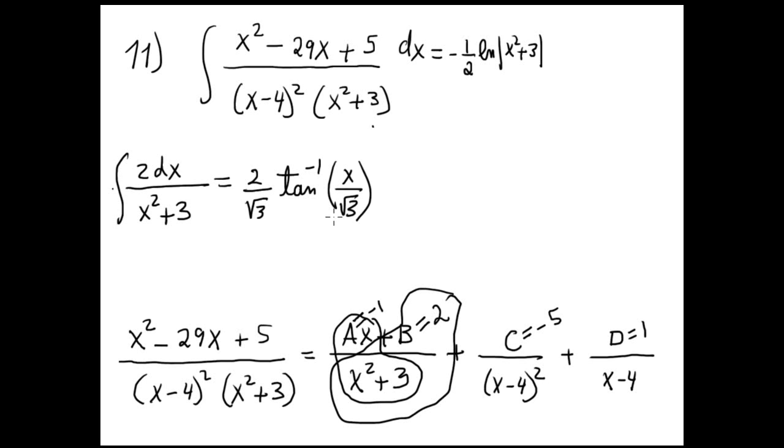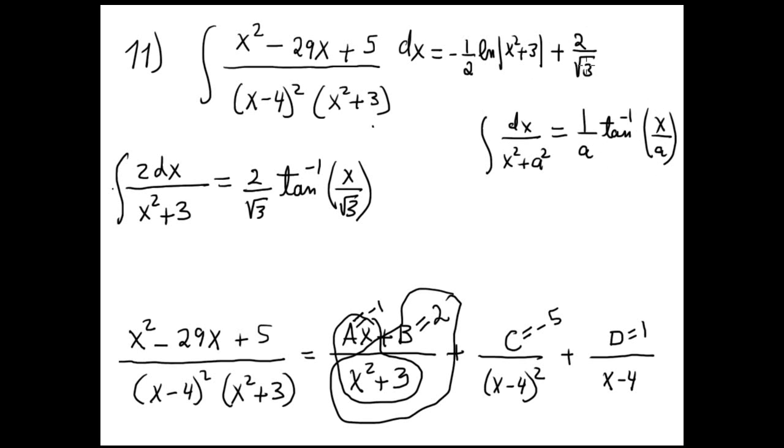Of course, I'm using one formula. Well, you can do it using trigonometric substitution. Suppose you memorize this formula: integral dx over x squared plus a squared equals 1 over a tangent inverse of x over a. Can you memorize that formula? I solve this. The second part is 2 over radical 3 tangent inverse of x over radical 3.